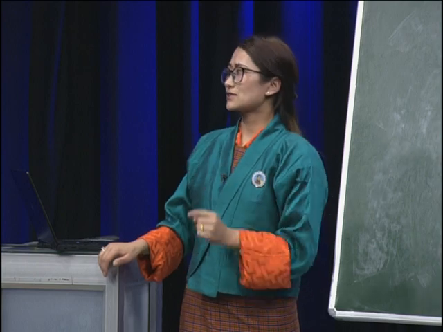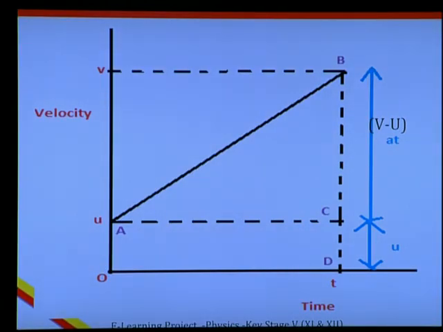So we have u as initial velocity, v as final velocity, and let us assume that the time taken by the particle to start with u and complete its journey with v is t seconds. We will also assume that the particle has an acceleration of a, and it covers a displacement of x.